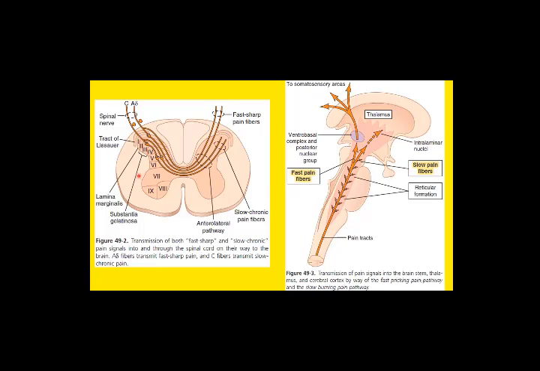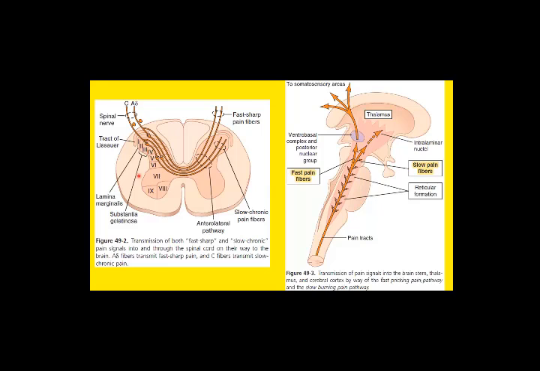Slow pain is chronic pain, poorly localized, and dull. For each type of pain, the type of nerve fibers are different: A delta fibers for fast pain, and type C unmyelinated fibers for slow pain. So Allah has made two separate pathways for fast pain and slow pain.